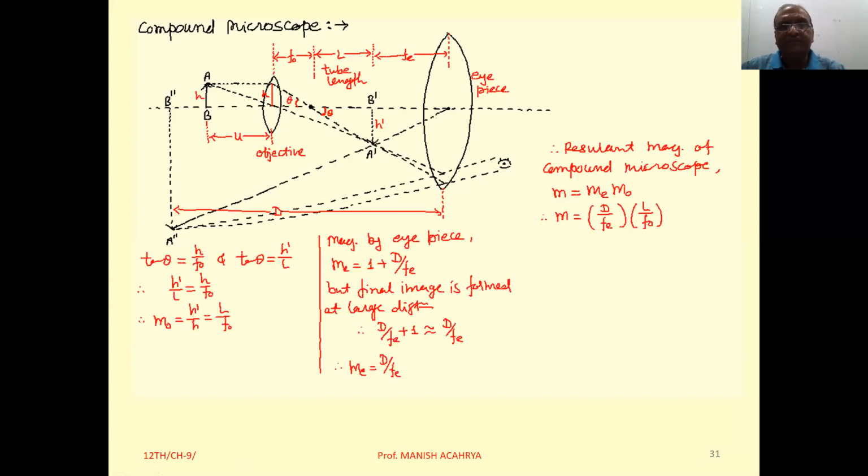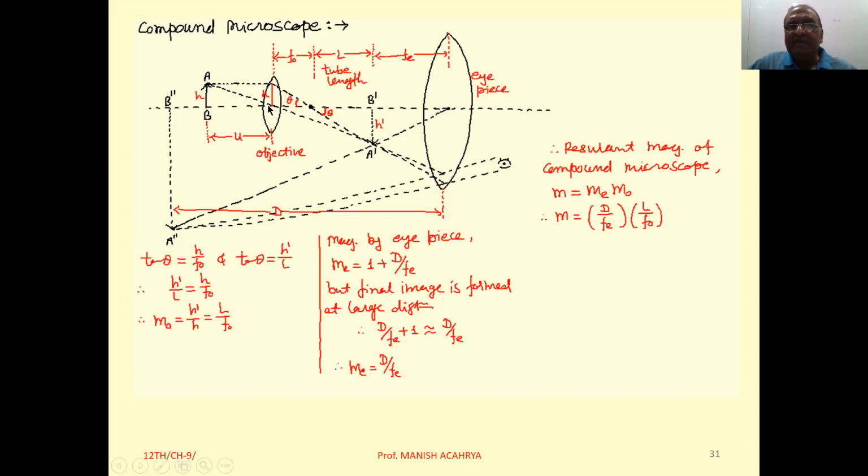How the image formation takes place, I have explained to you here through the ray diagram. Okay, say here AB is the object, height is h, object distance is u. Now take one ray parallel to the principal axis, so after refraction it will pass through the focal point, that is, the second focal point of the objective lens.